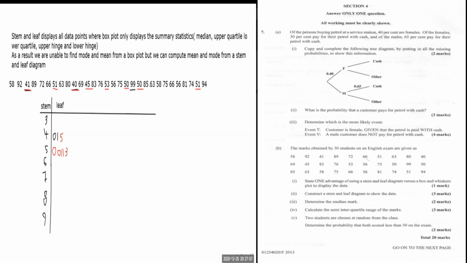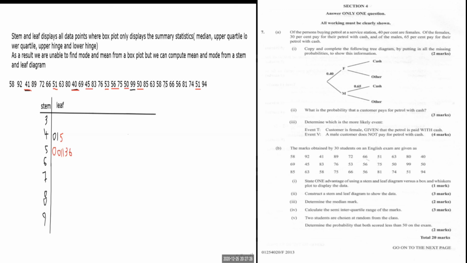No more 53. 54? No 54. 55? Don't see any 55. 56. Here's a 56. You can put 6 right here.